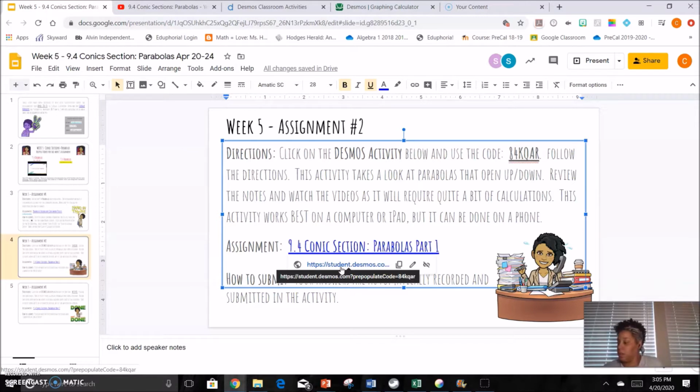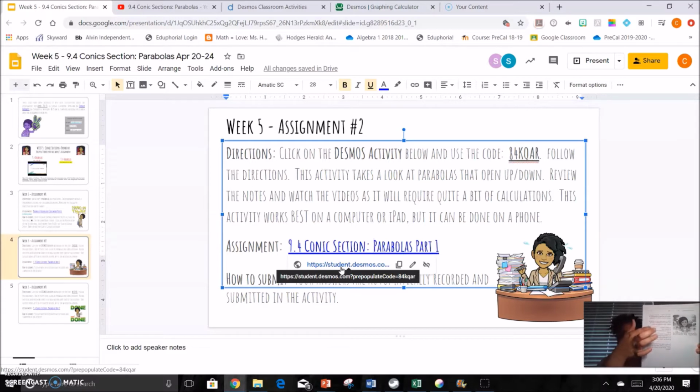You also, when you open up Desmos, see if I can find that piece of paper. When you open up the Desmos activity, you'll see a slide that looks like this, and it gives you a list of things you are to graph.